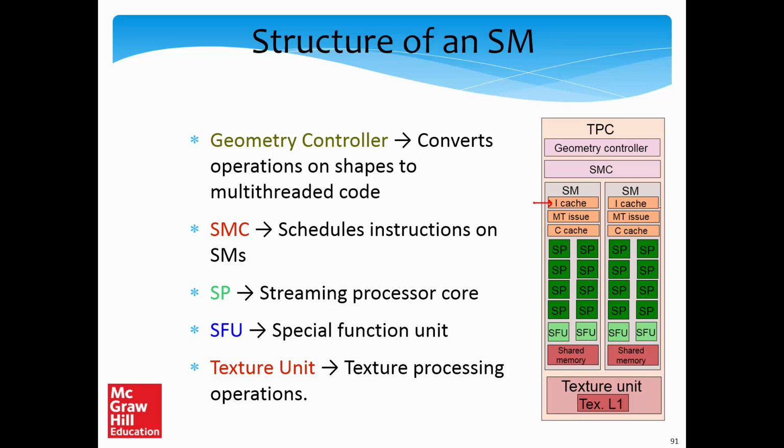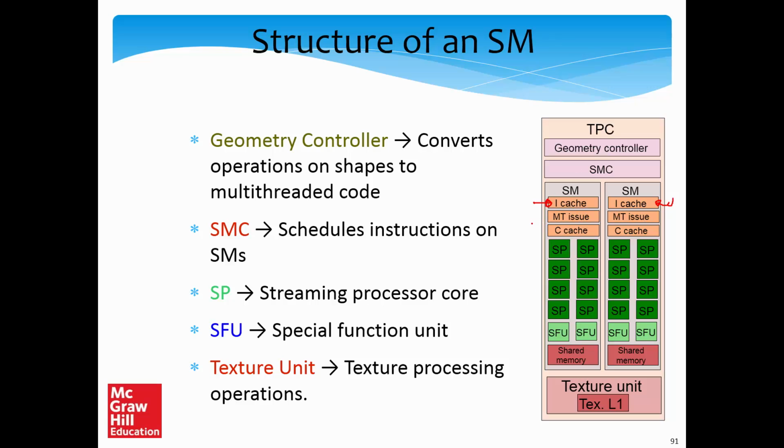So 1 instruction cache per SM. But it's broadly a vector kind of processing that is happening. We'll see exactly what the model is, but broadly it's vector processing. That's the reason the instruction cache can be highly efficient, because the same instruction ends up executing in the entire SM, in all the SPs and the SFUs.